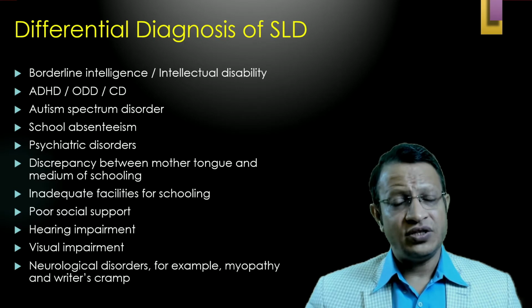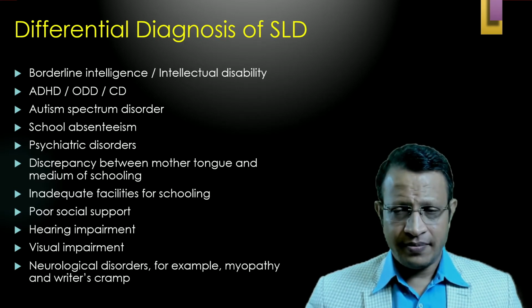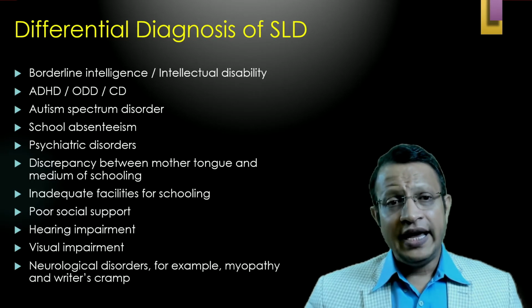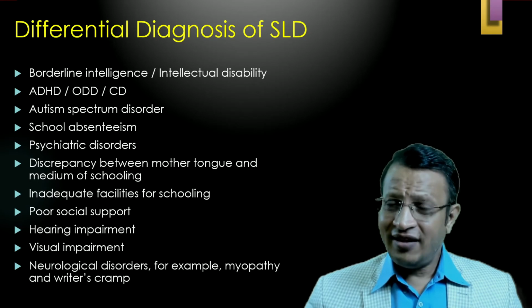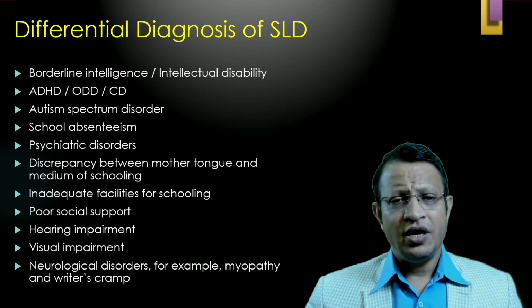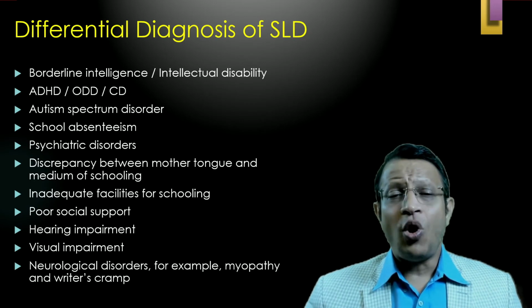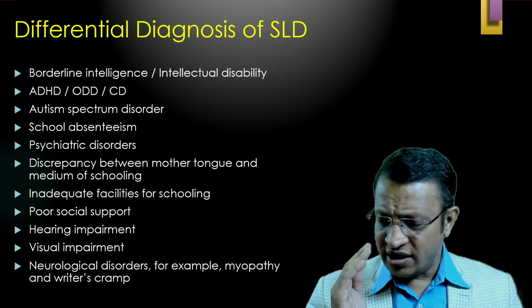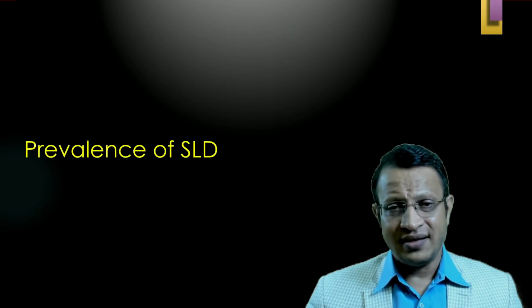It may be because of substance use, it may be because of medical condition, or else psychiatric condition. Various psychiatric illnesses, discrepancy between mother tongue and the medium of schooling, inadequate facilities of schooling, poor social support, hearing impairment, visual impairment, neurological disorder such as maybe myopathy, writer's cramp. So all these need to be kept in mind. That means because of these various conditions, academic decline can be seen and it may be misdiagnosed as SLD.